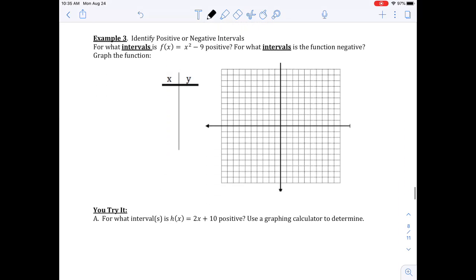All right, let's talk about some other key features of functions. Positive and negative intervals of functions. All right. Positive and negative intervals are going to occur when the graph of your function is either above or below the x-axis.